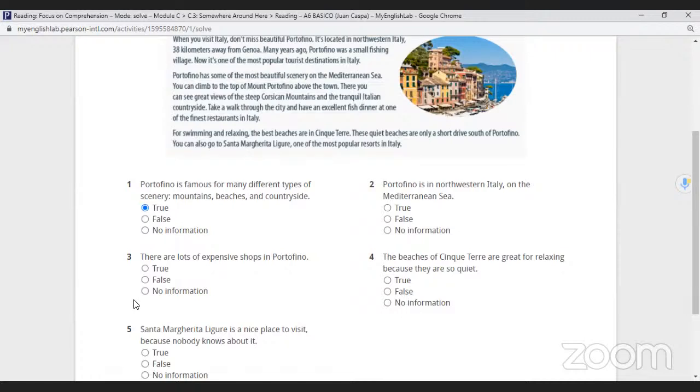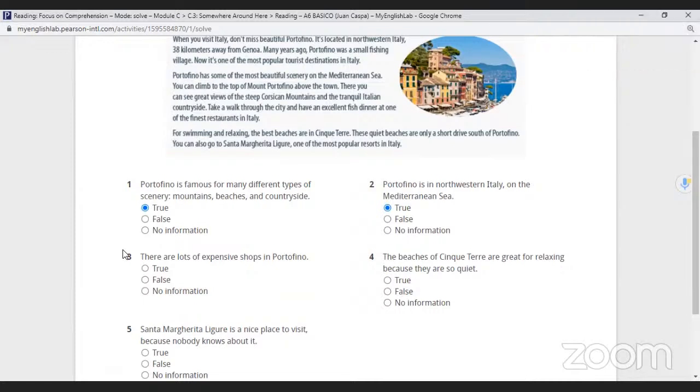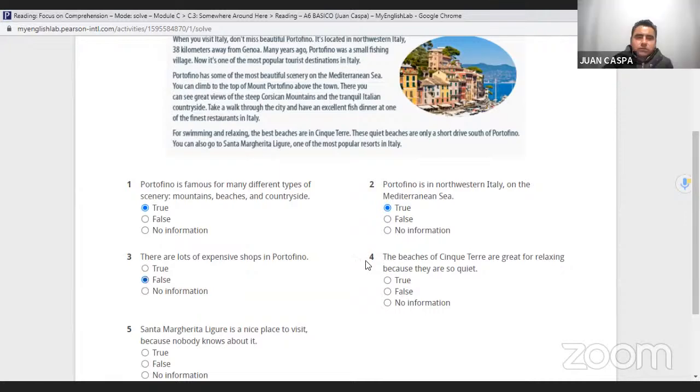Number two is true. True. Three. False. False. Okay.